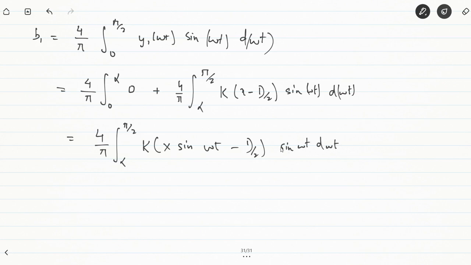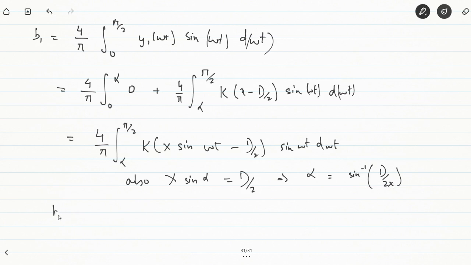Fine. So you can integrate this and apply the limits, and also note that X sine of alpha will be equal to d by 2. So using this and integrating this, which will actually imply alpha is equal to sine inverse of d by 2X.